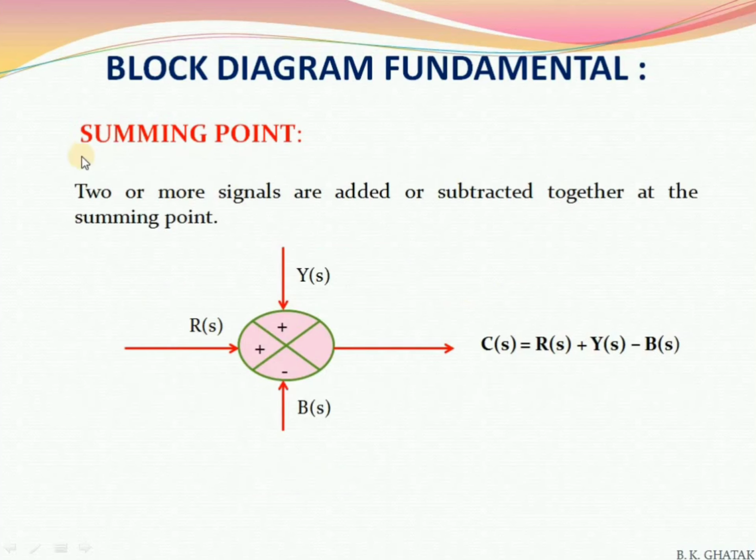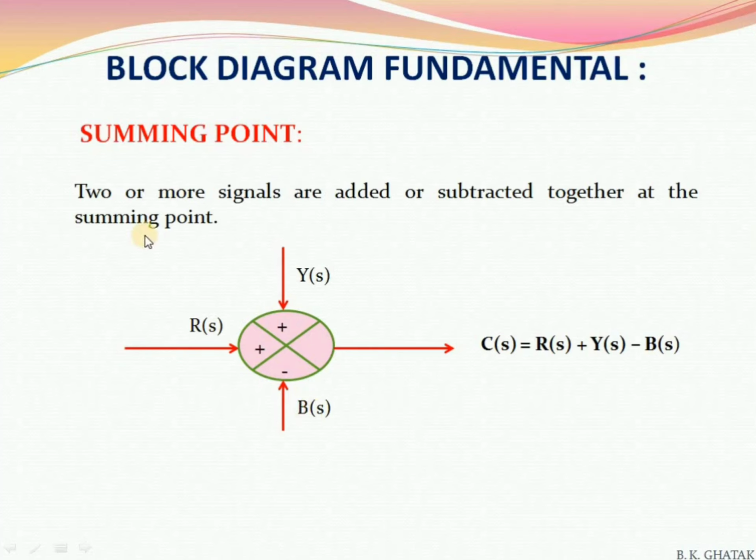Okay. Next, the fundamental parameter is known as summing point. So this is a summing point. Here we easily see that two or more signals are added or subtracted. If this is add symbol, those signals are added. If this is minus sign, it is subtracted. Clear?